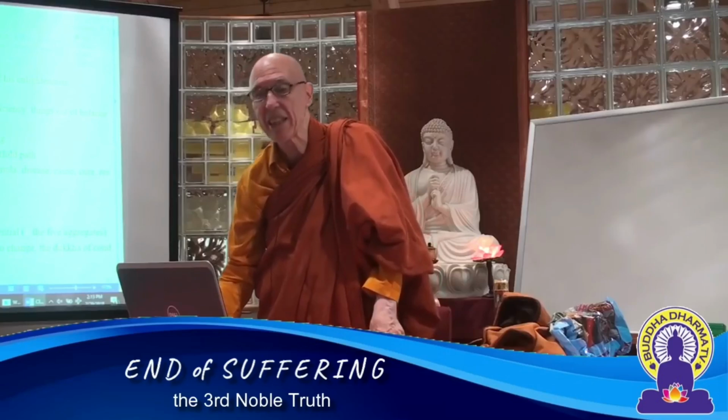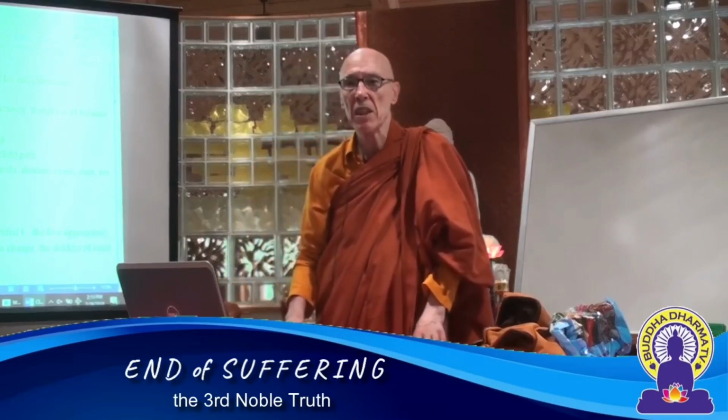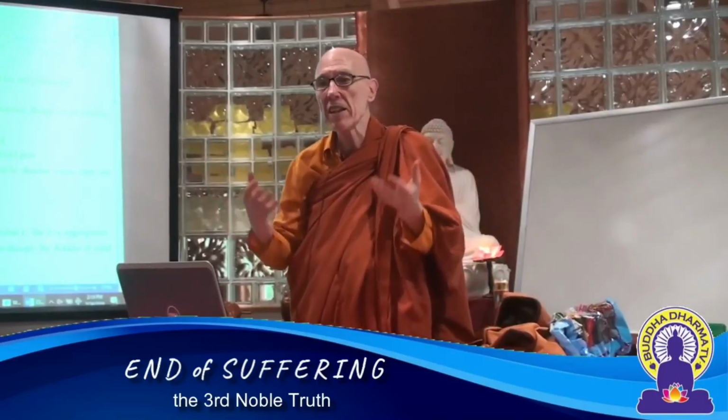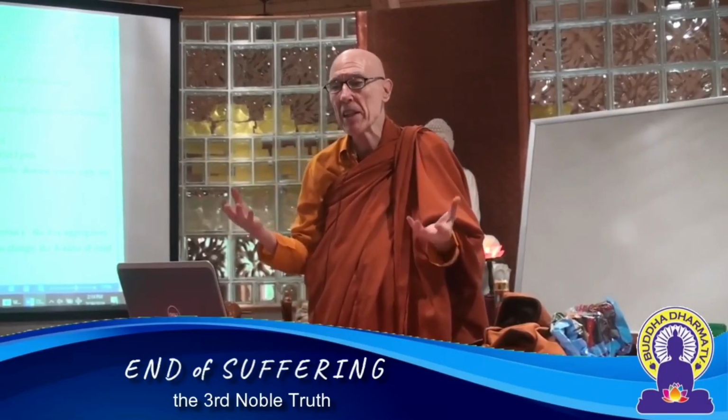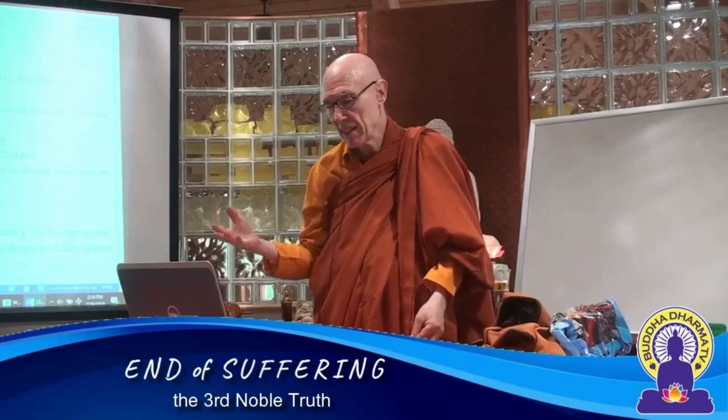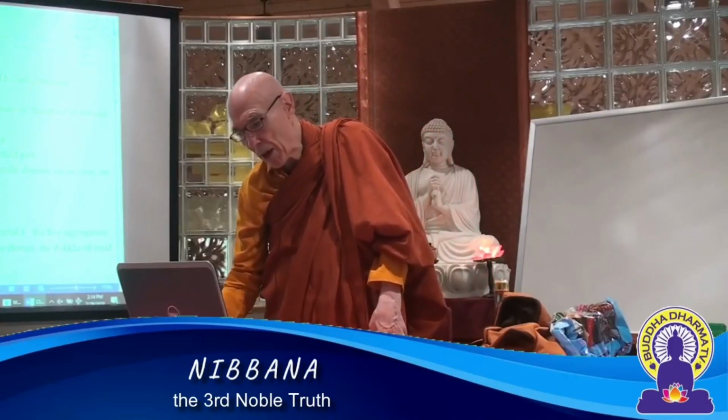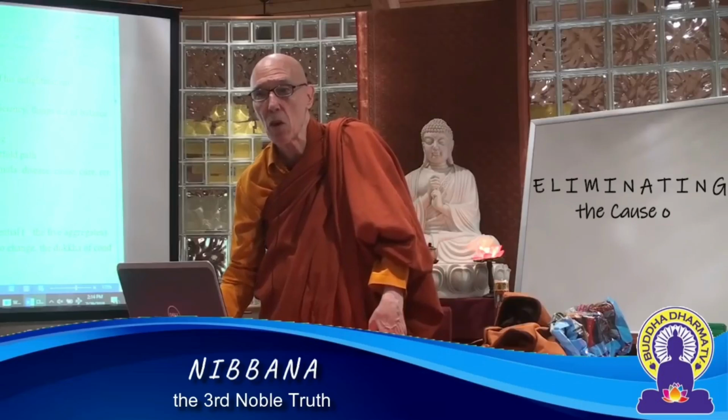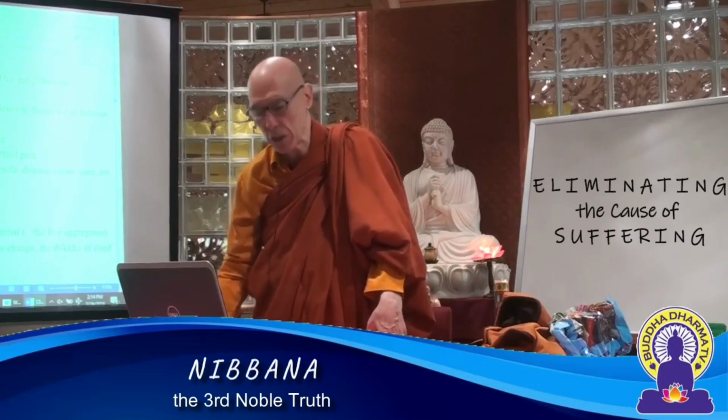And the answer he gives is that it is possible. It's possible to reach a state of perfect, unconditioned happiness and peace. And that is what we call nirvana, or in Pali, nibbana. And that is to be achieved by eliminating the cause of dukkha.